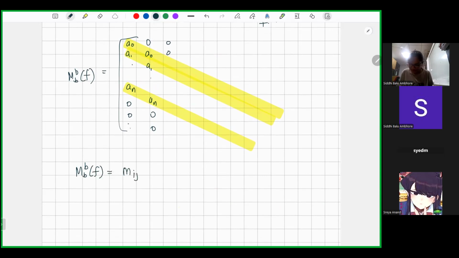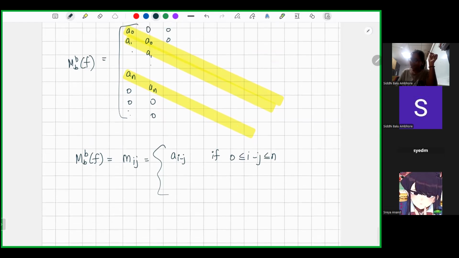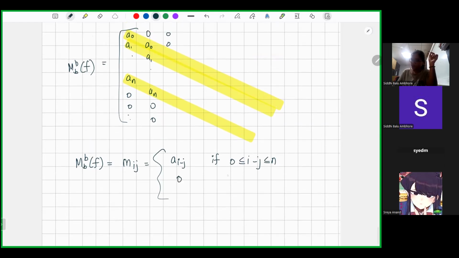If I write this as m_ij, it will be a_(i minus j). Let us check. This is what I wrote when I calculated it, and it will be 0 otherwise.